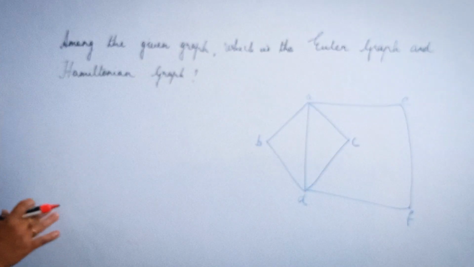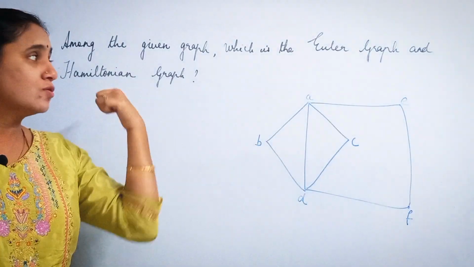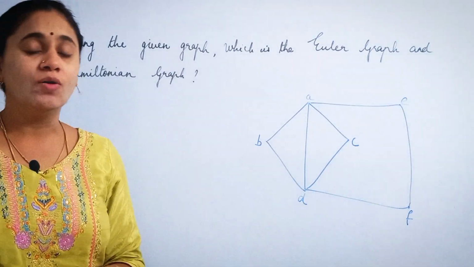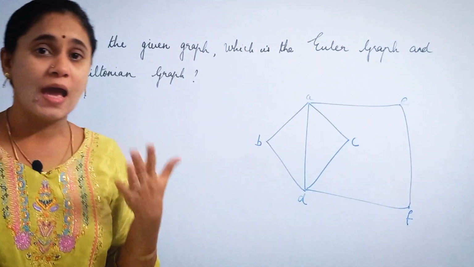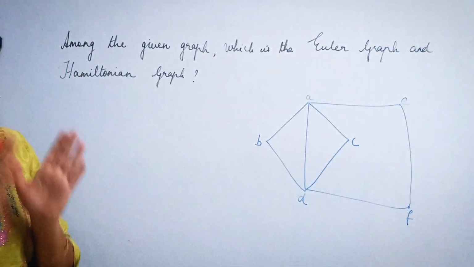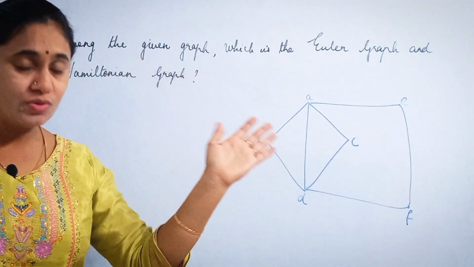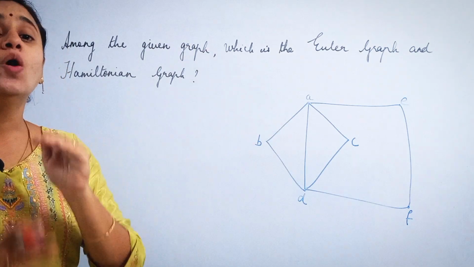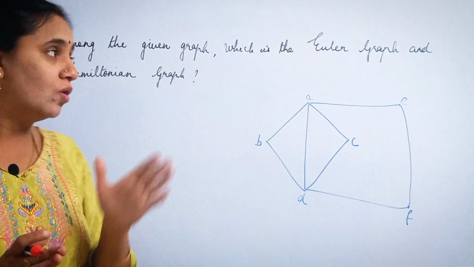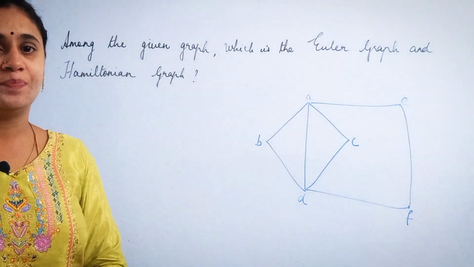Now we will go to the Hamiltonian graph. What is a Hamiltonian graph? In a Hamiltonian graph, we travel from source to destination without considering the edges. It is not needed to visit all the edges, isn't it?